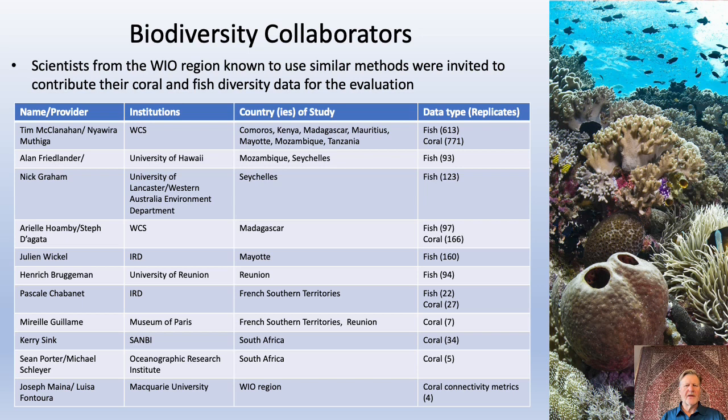Many of them have used methods not dissimilar from the methods that I and Nyawita use, and many of them were very keen to share their data and participate in this project. So the result was a considerably large data set and very widespread distribution of coral and fish data. The idea here, though, was not just to predict coral and fish diversity, but to use those two groups as a proxy for total diversity.